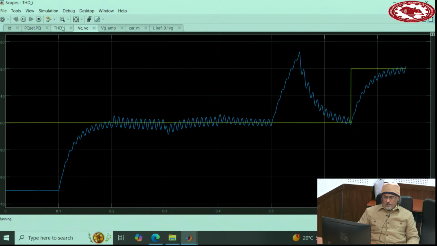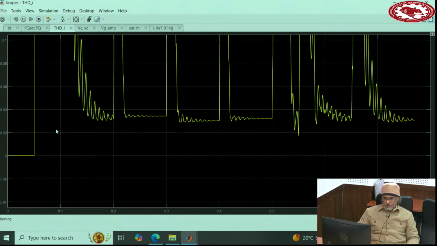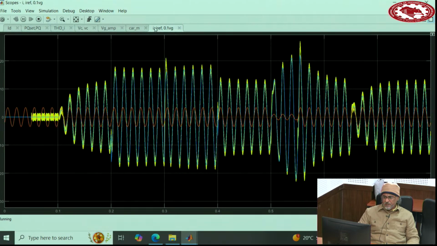THD is shown here. So 4% or below 4%, close to 3. And the current. This is the reference of the current is the blue one, which doesn't have switching noises, and the yellow one is the actual current, which has the switching noise on it.